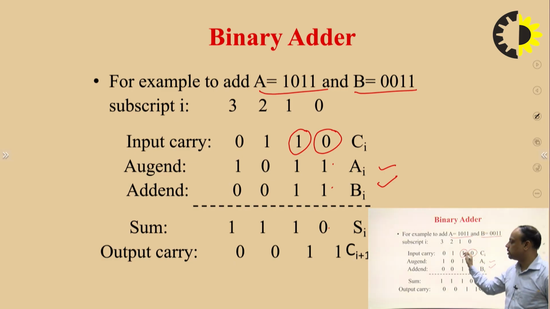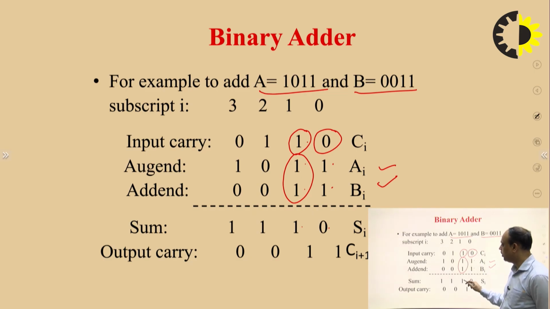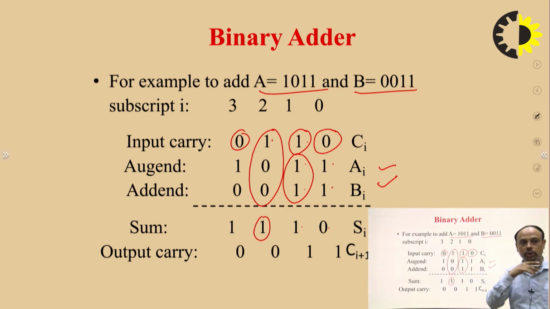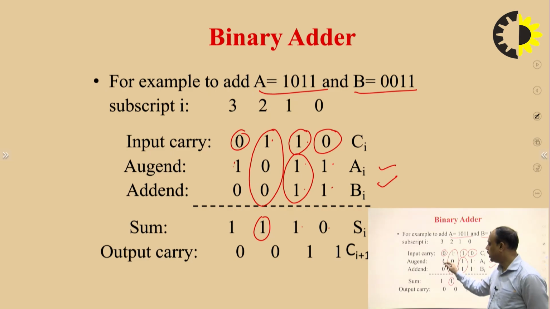In this case, this is a carry 1, and these are the two input bits of the number A and number B. So 1 plus 1 plus 1 is again 1, and there is a carry, so again we need another full adder over here for addition of 3 bits. We have this 1 and there is no carry, and it is represented as 0 carry. So again there is a full adder.